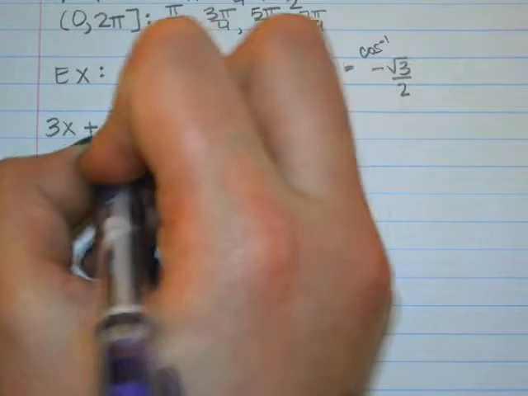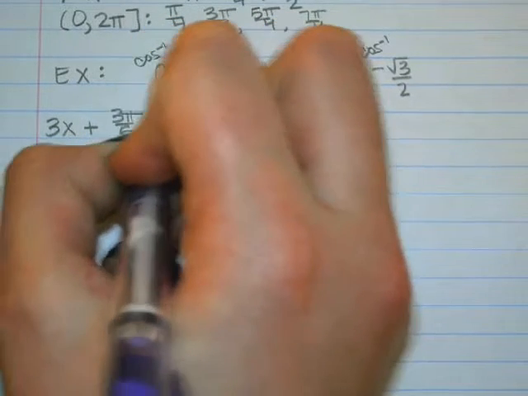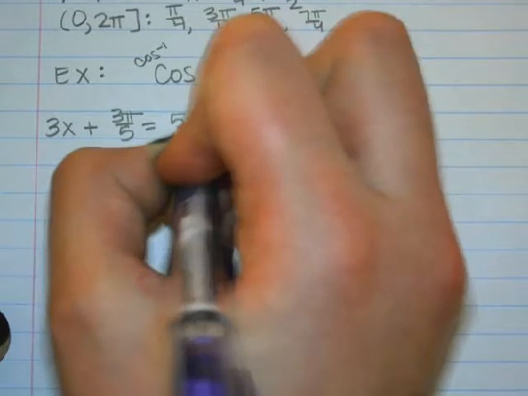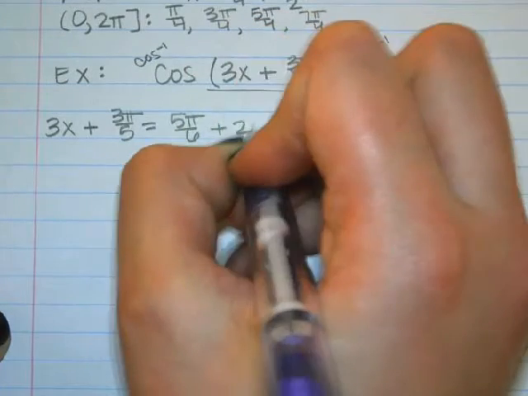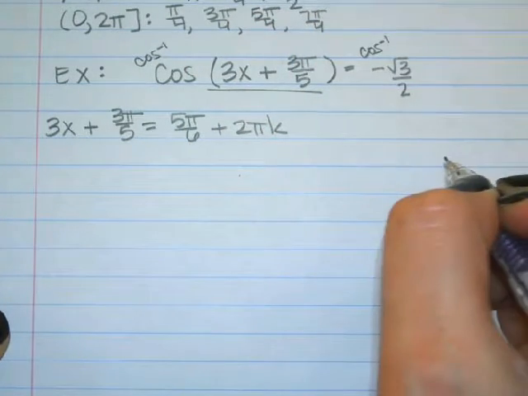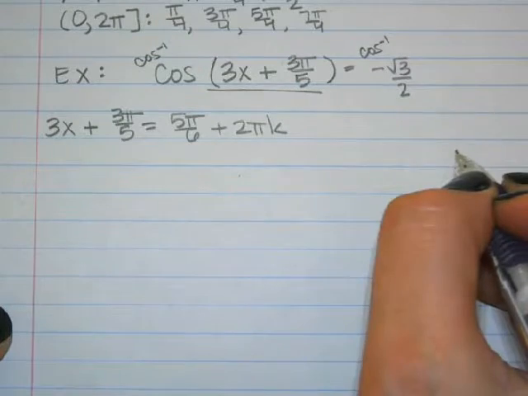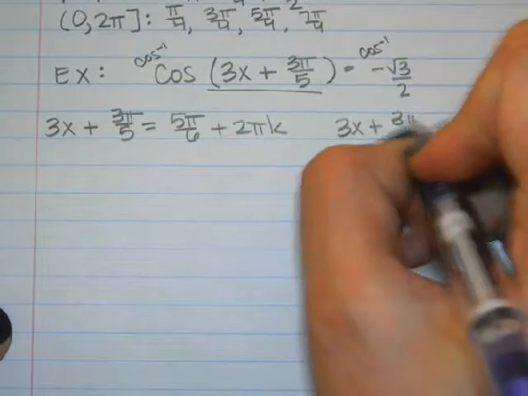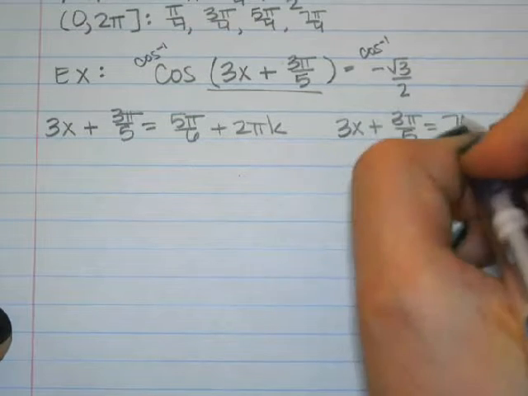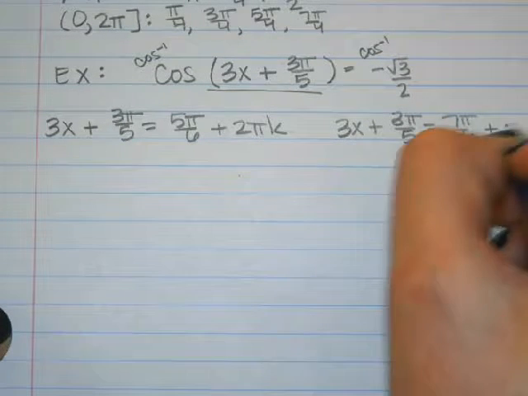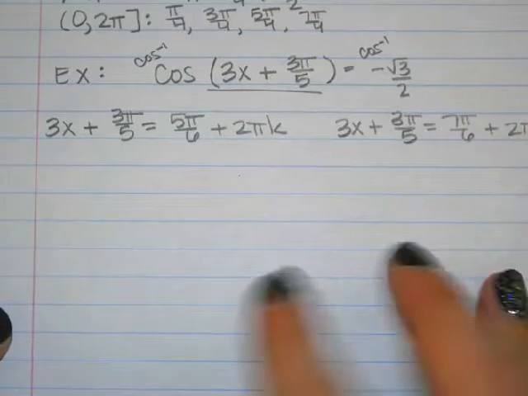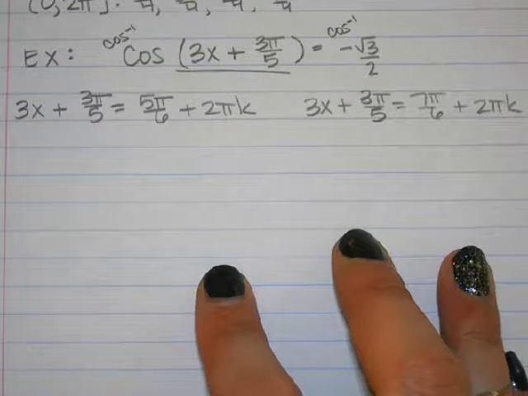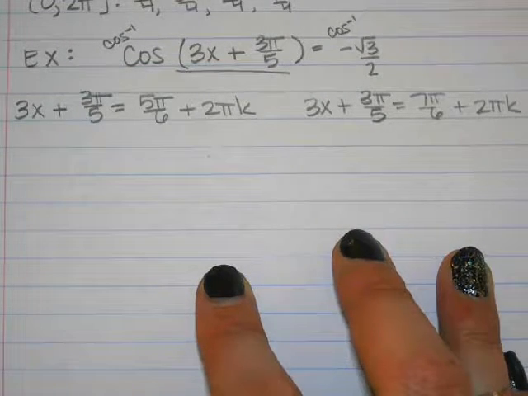I say 3x plus 3 pi fifths equals 5 pi 6 plus 2 pi k. And then I do the same thing for the second option. 3x plus 3 pi fifths equals 7 pi 6 plus 2 pi k. So since it's a cos problem, I have to do both options. I can't just do one.